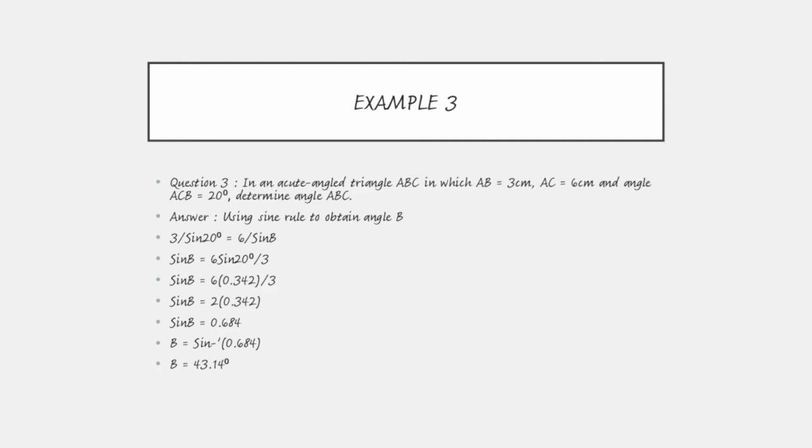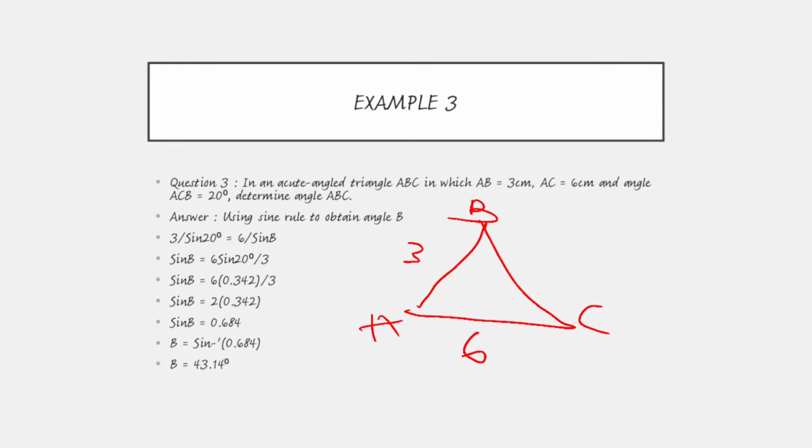When you are given angle ACB, they are talking about the angle at C. That is, if we have a triangle ABC like this, our AB is 3 centimeter, which is here. Our AC is 6 centimeter, which is here, and our angle ACB is here, which is 20 degree.